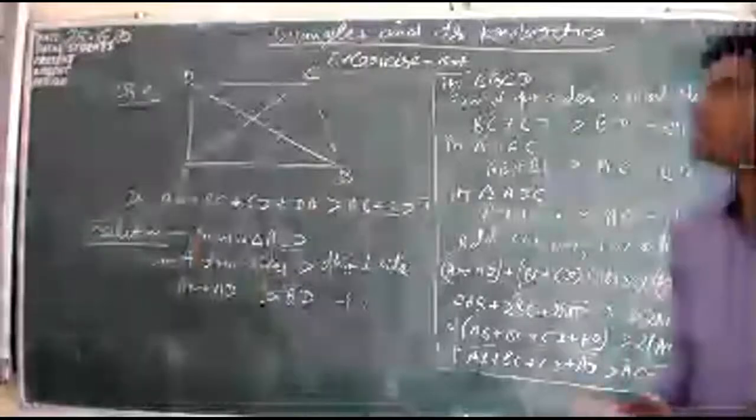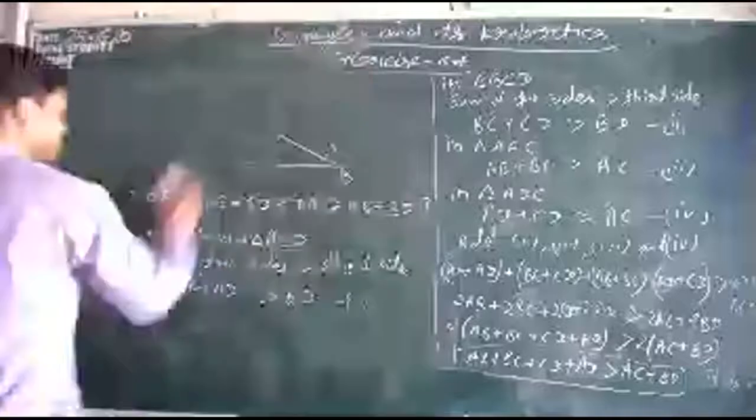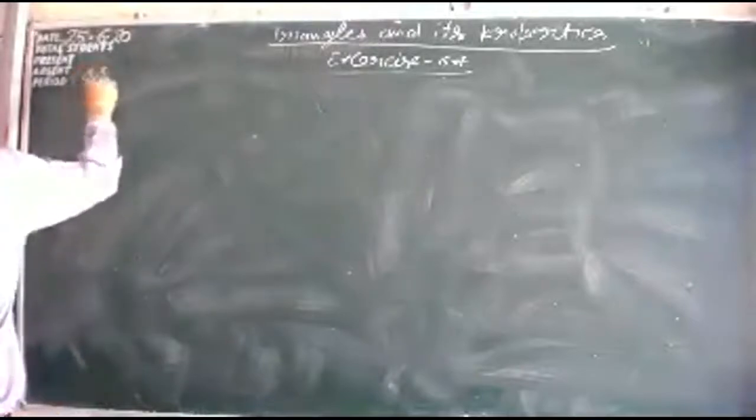Okay, now we have to discuss question number 5, question number 5 of exercise 6.4. ABCD is a quadrilateral. Now we have to prove one more statement in the same way. In question 5, suppose ABCD is any quadrilateral. This is the quadrilateral, and its name is ABCD.